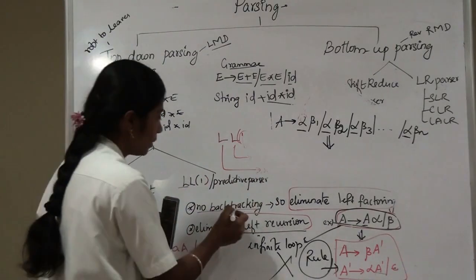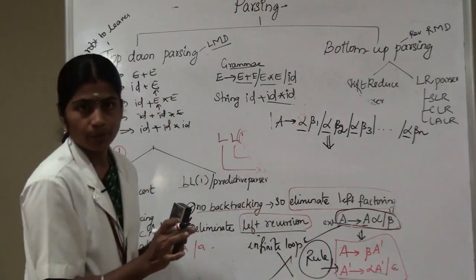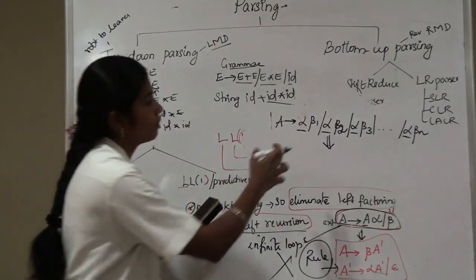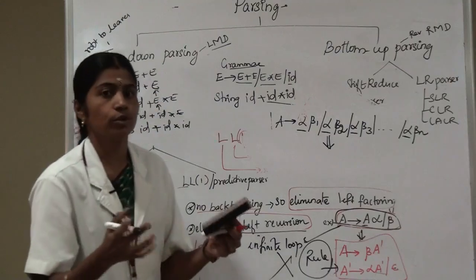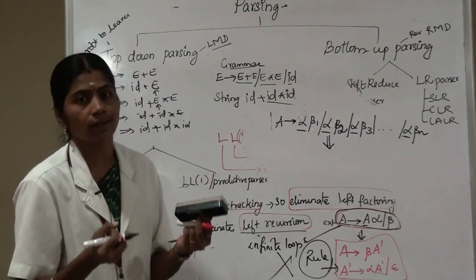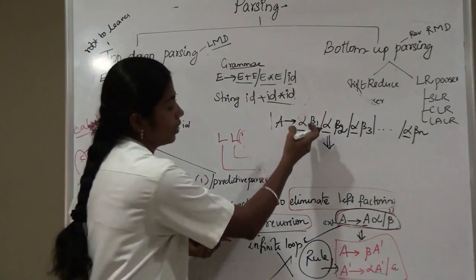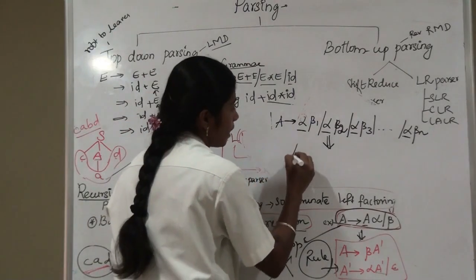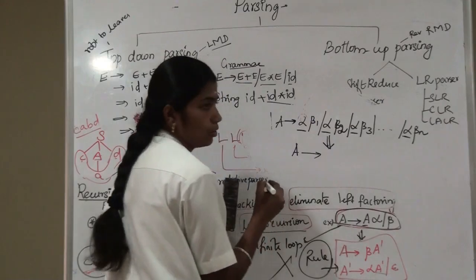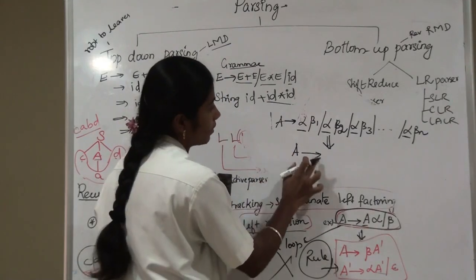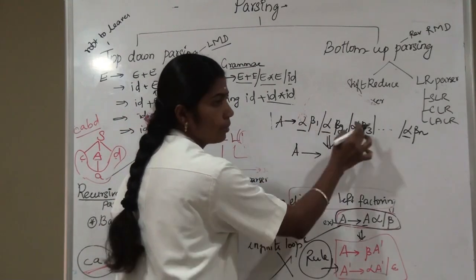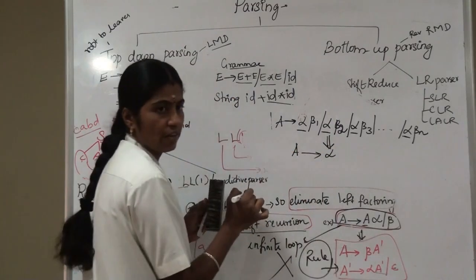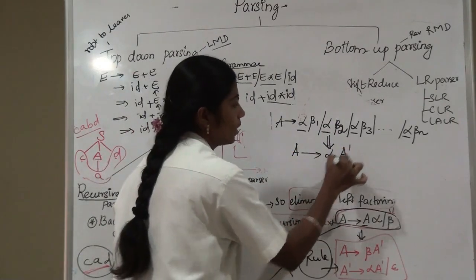So why should we eliminate left factoring? Because you get confused among the many choices about which one to choose. To remove that confusion, we eliminate left factoring. So I will rewrite this grammar into two different productions. A derives the common term alpha. Write this alpha first, then introduce a new term A dash.